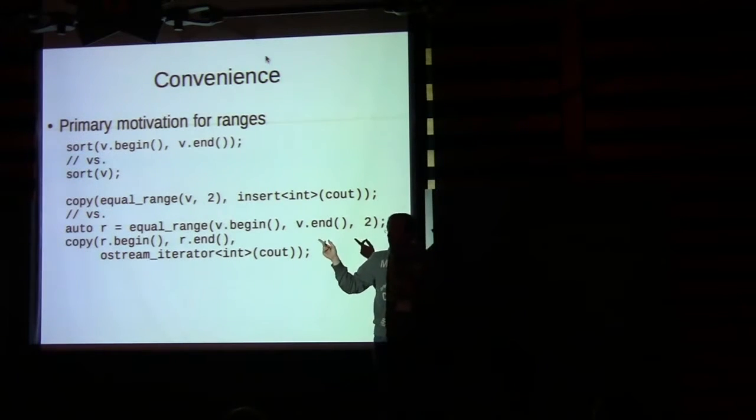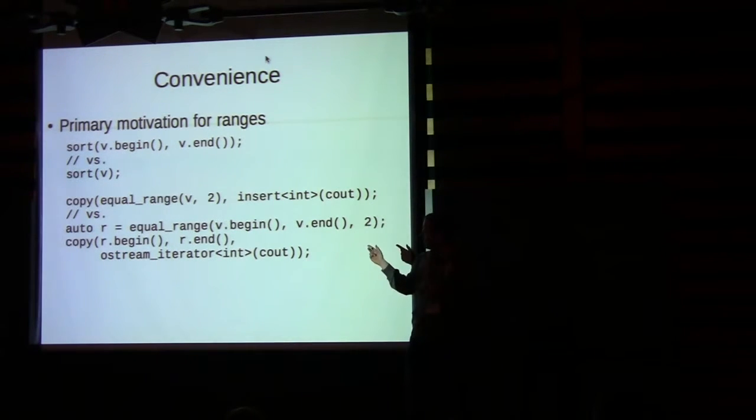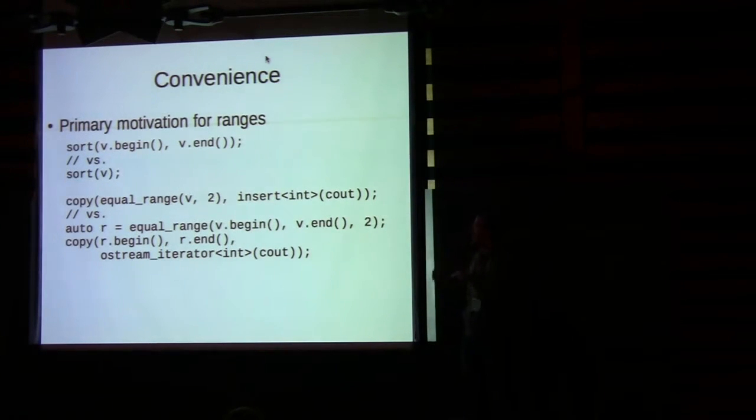It actually returns a pair, so that won't actually work. But let's assume it returns a std iterator range that has begin and end member functions, and it's these 2 lines. And it doesn't compose. I cannot take the result of equal range and pass it to copy. So this is really what we need.